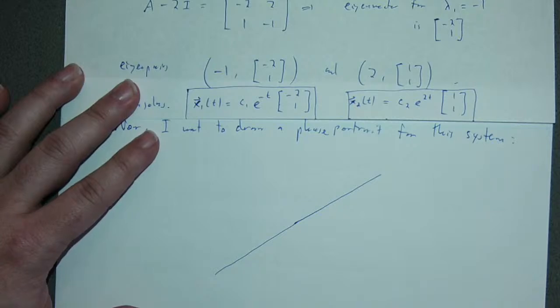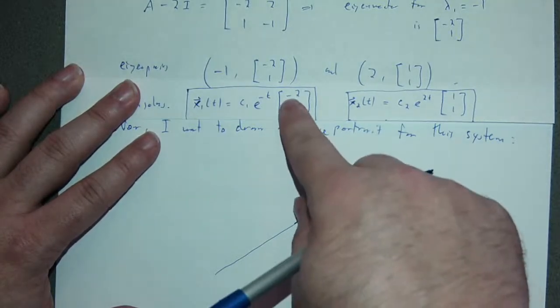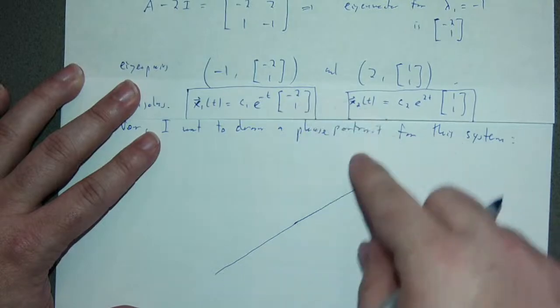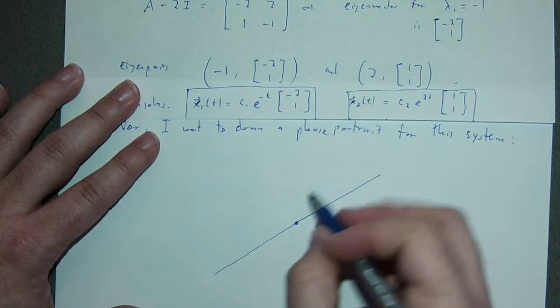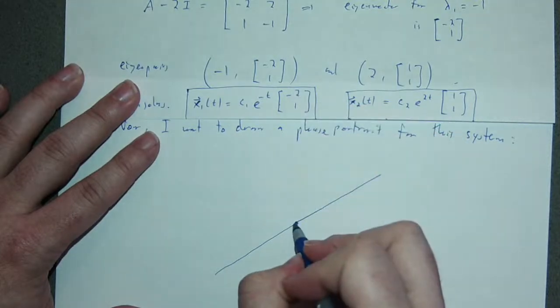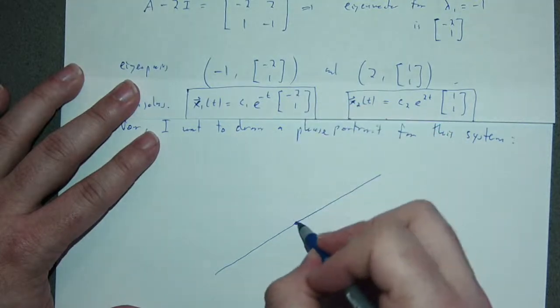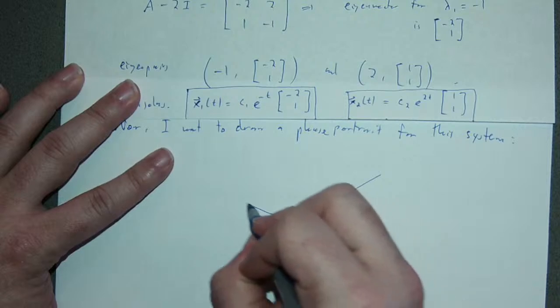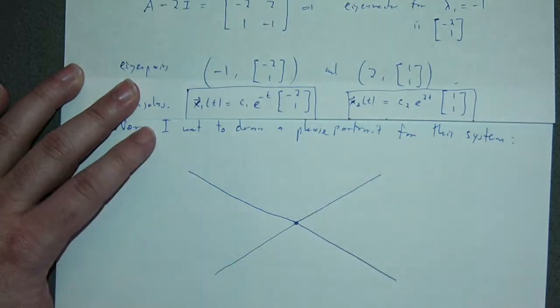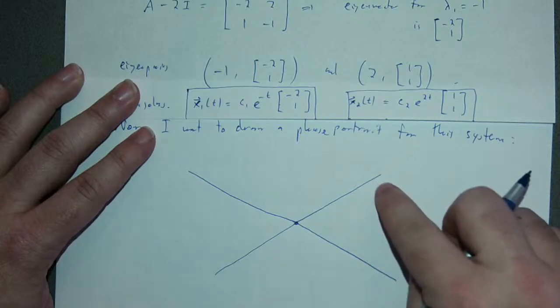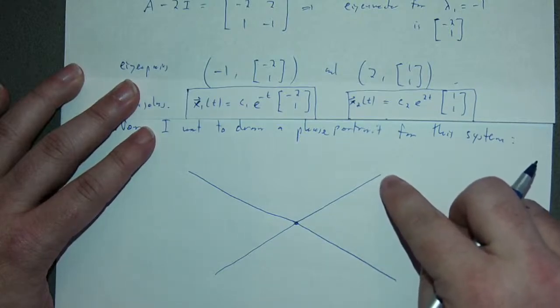Okay, what is this other line? This vector determines a line, minus 2, 1. So this is my origin, and this is minus 2, 1. So it's this line. This is the line determined by V1.